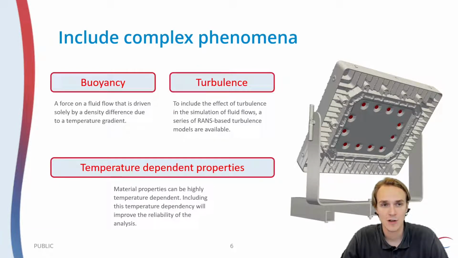There are a couple more phenomena that are also very important to include. For one, buoyancy is quite important, especially with light fixtures. Buoyancy is essentially the fluid flow that occurs because of the difference in density due to a temperature gradient.